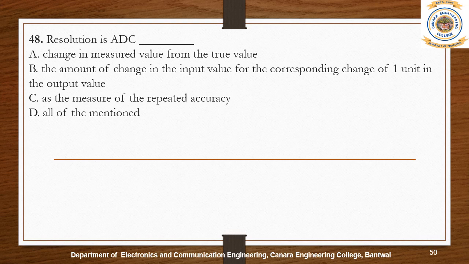In case of analog to digital converters, resolution plays a main role. The resolution is nothing but the amount of change in the input value for a corresponding change of 1 unit.